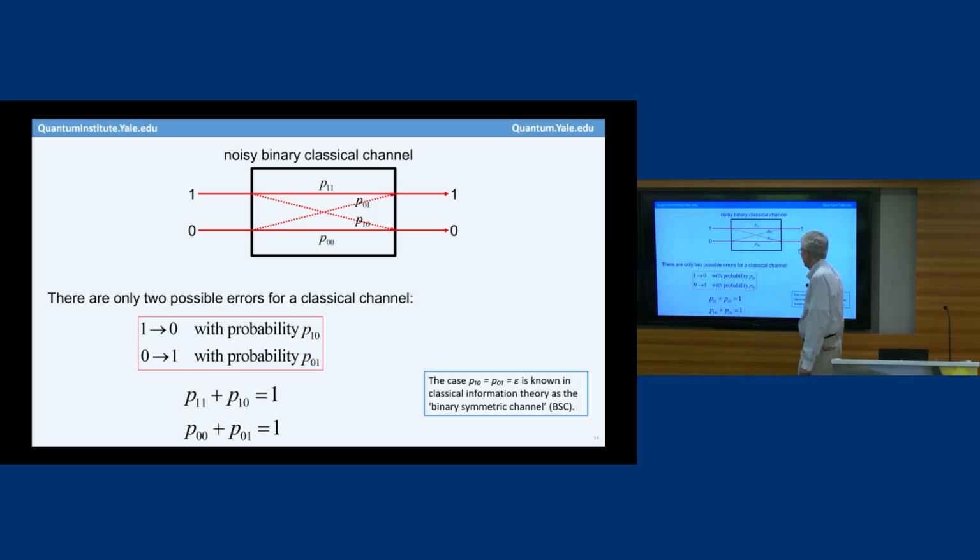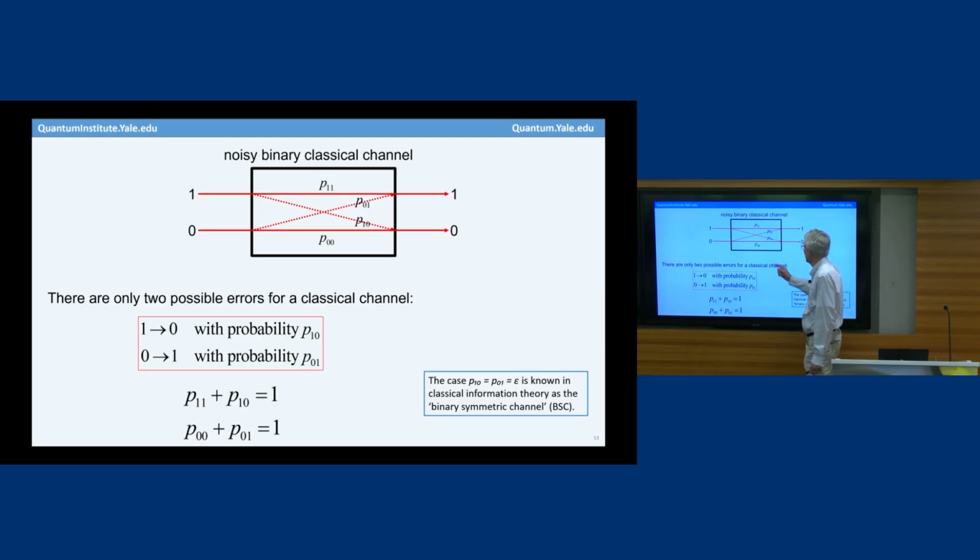So, as I said, ignoring erasures, there are only two possible errors. A 1 becomes a 0 or a 0 becomes a 1. So these four numbers define the channel. And since a 1 has to come out as a 1 or a 0, the sum of those two probabilities has to be 1.